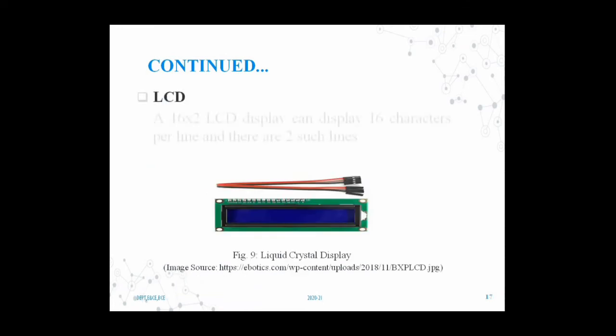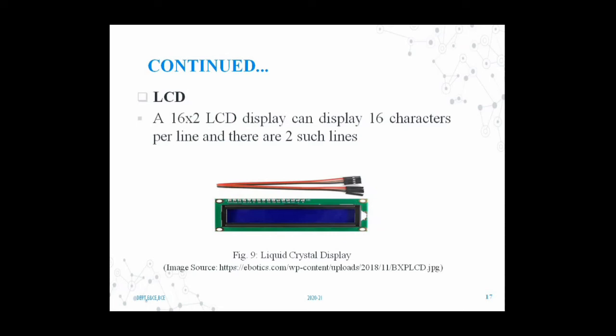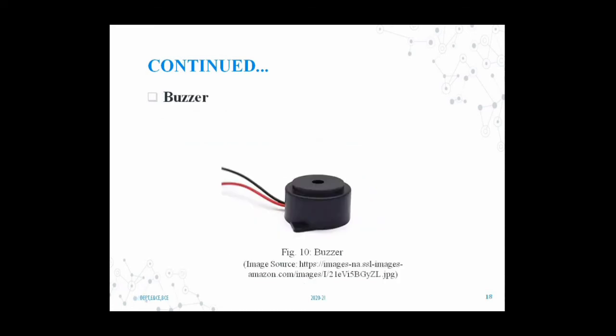LCD. A 16x2 LCD display can display 16 characters per line, and there are 2 such lines. So totally it can display 32 characters in a 16x2 LCD display. Buzzer. It is an electric signaling device that makes a sound.